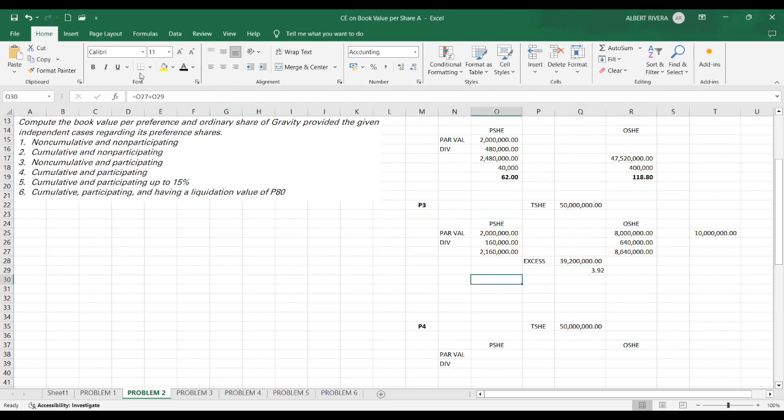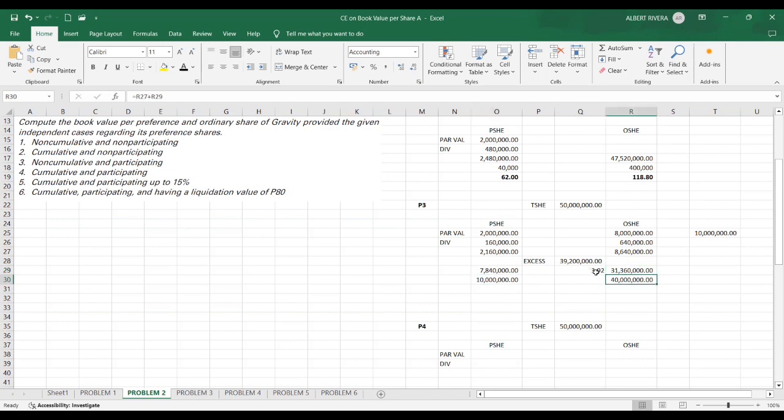Makuha mo yung allocated amount for preference. 3.92 times 8 million. Makuha mo yung allocated amount for ordinary. Then the total of allocated amount, 7.84, and the allocated amount is 31.60. This is the total.